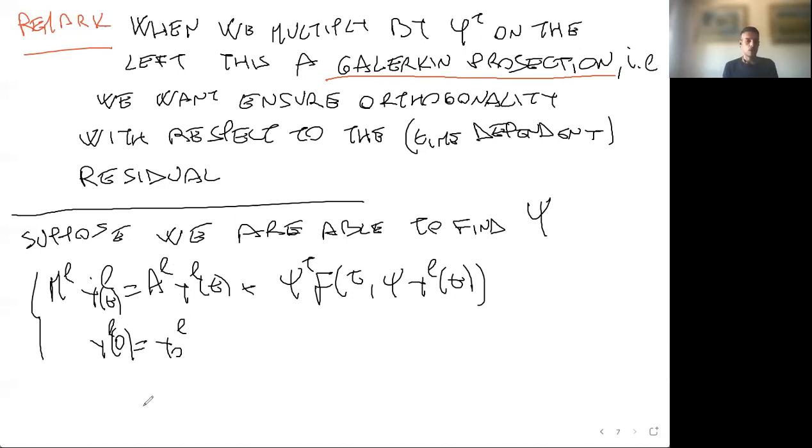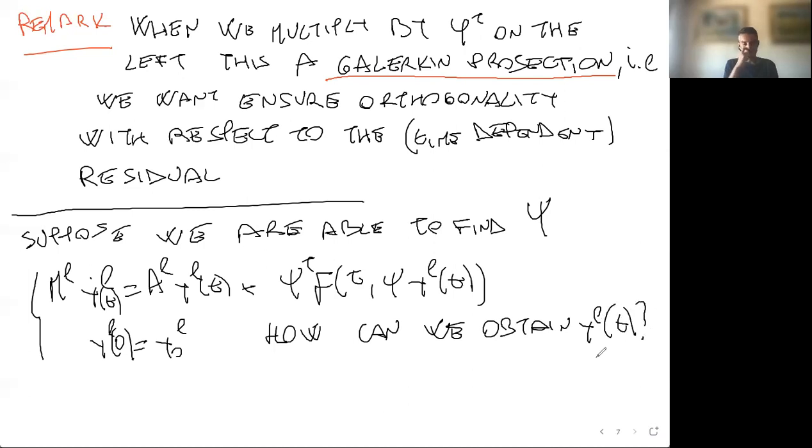So we make the projection. We have this low dimensional problem, and now we want to approximate and compute YL. How can we obtain YL of t? This is rather simple.